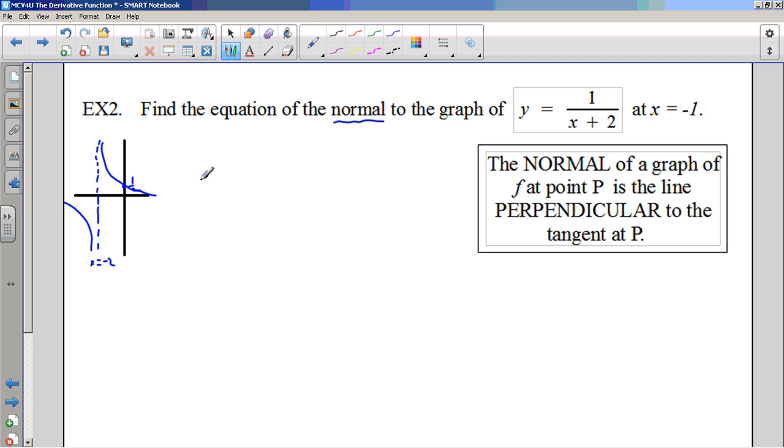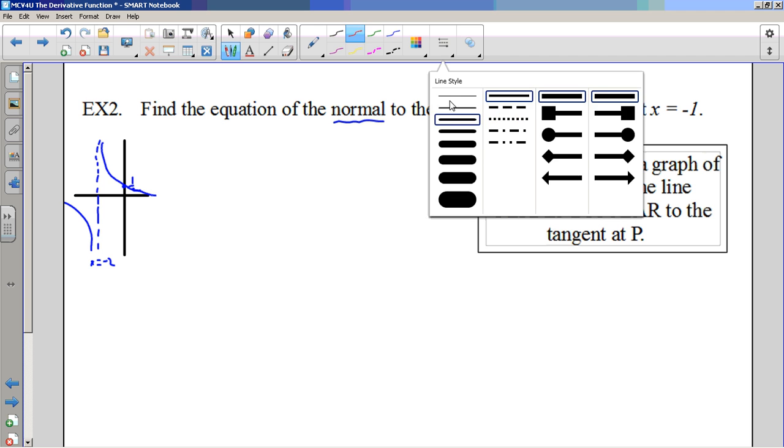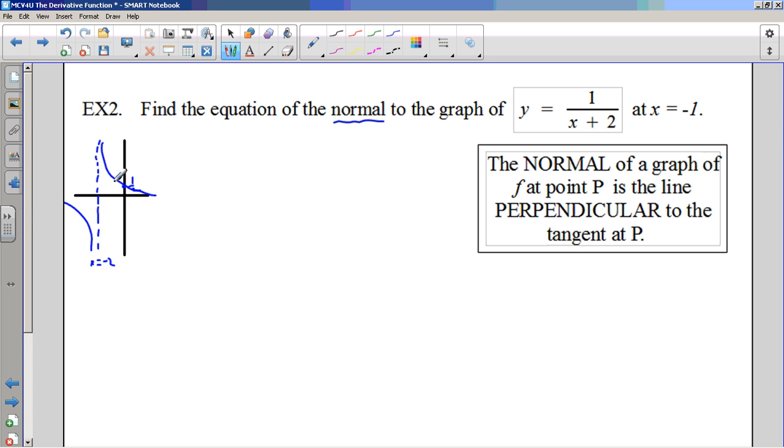But at x equals negative 1, we can see quickly, minus 1 there, this is the tangent. The tangent's like that, something like that. And we're going to calculate that. The derivative is the slope of the tangent.